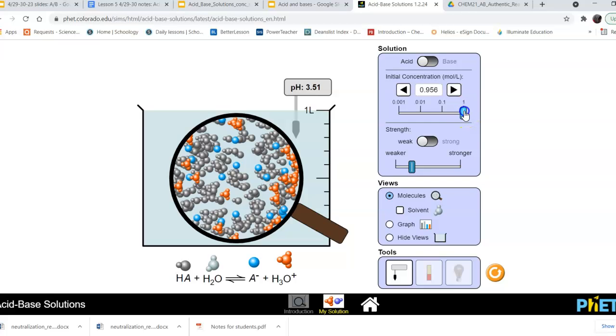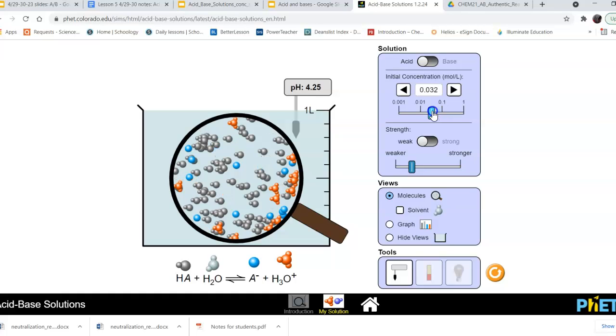Notice that when I decrease the concentration, what I'm decreasing is the amount of HA, the amount of acid available to dissociate. So it makes sense, and you can see the pH is increasing because it has less and less hydronium ions. When I increase the concentration of HA, it dissociates more.